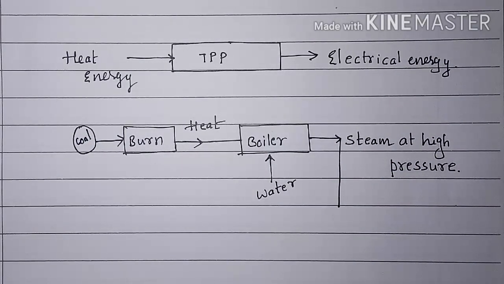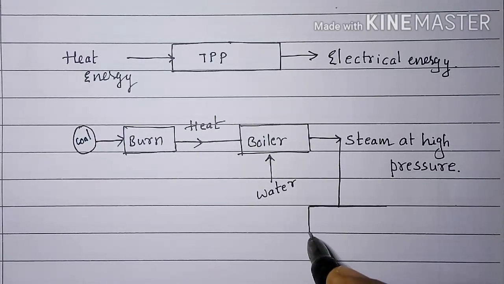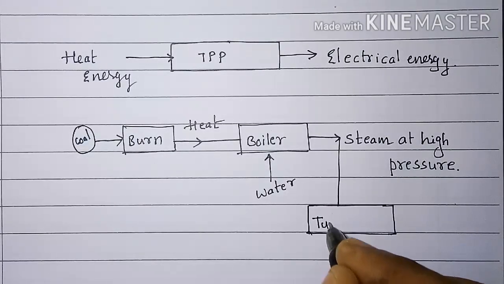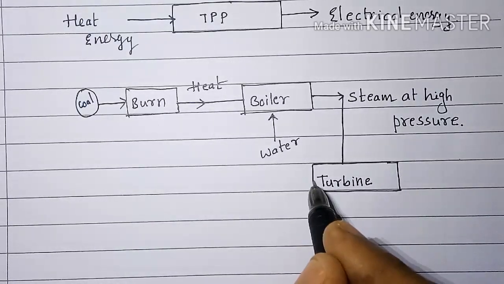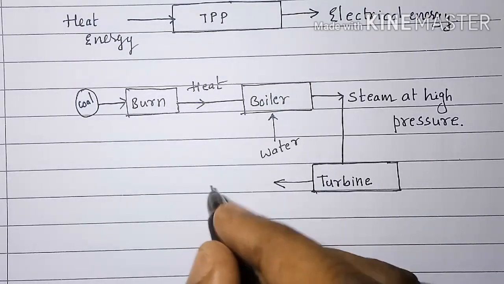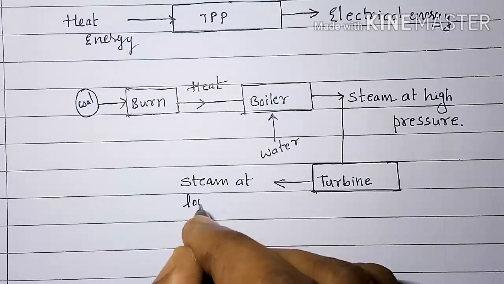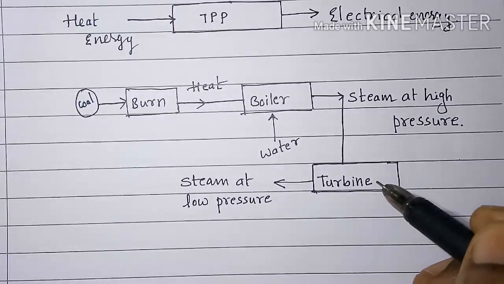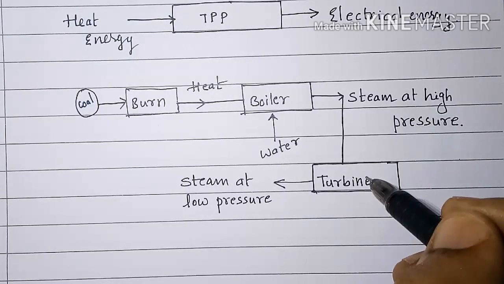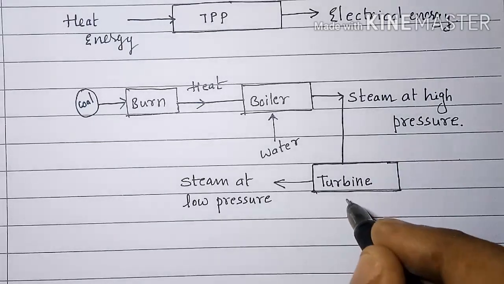It is given to the turbine. From the turbine, steam comes out at low pressure, because in the turbine the energy of the steam is taken to rotate the alternator.